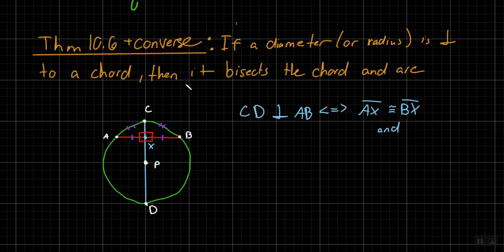So I know that it bisects the chord, so they are congruent, and it also bisects the arc. Yeah, so what are the arcs? Yeah, AC and BC are also congruent.